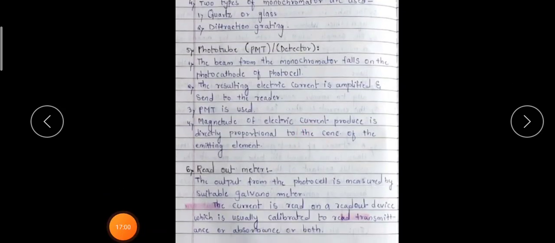This resulting electric current coming from the PMT is amplified by the amplifier and sent to the readout. The output from the photocell is measured by a suitable galvanometer. The current is read on a readout device, which is usually calibrated to read transmittance or absorbance or both.